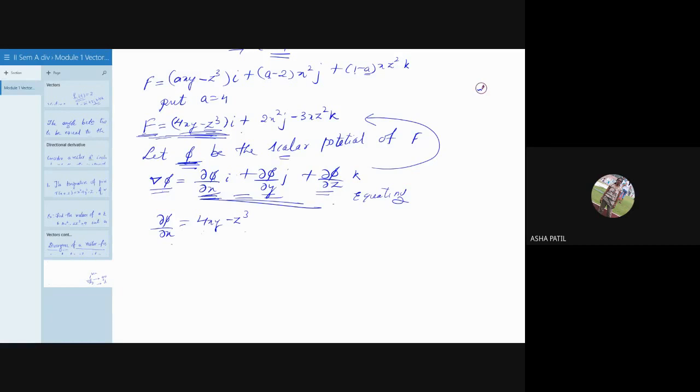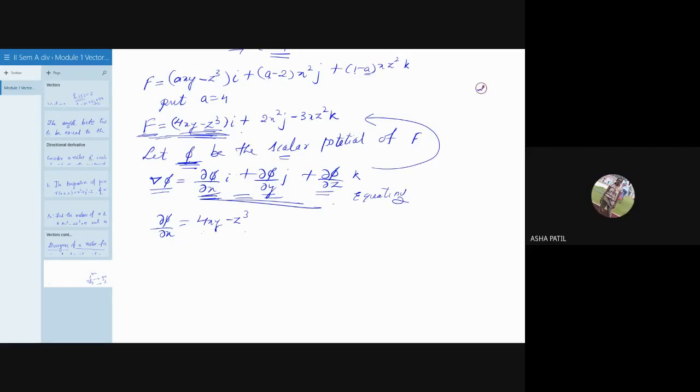Now how to find phi from this equation? Integrating, yes. Integrate with respect to what? x.